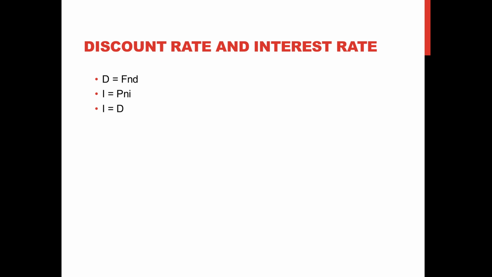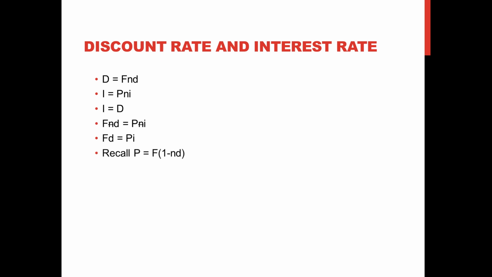So we can equate that I is equal to D and then substitute the equation. We can cancel out N here. Therefore, the resulting equation is FD is equal to PI.